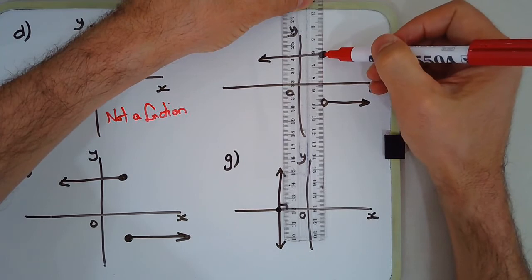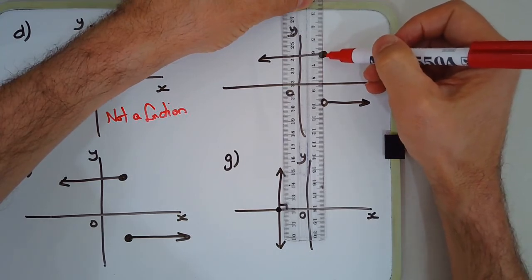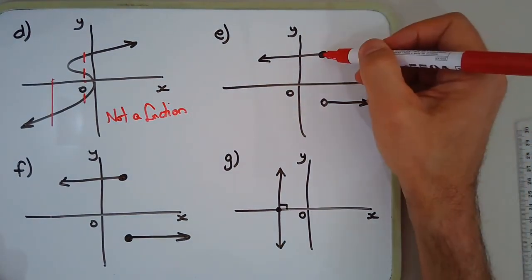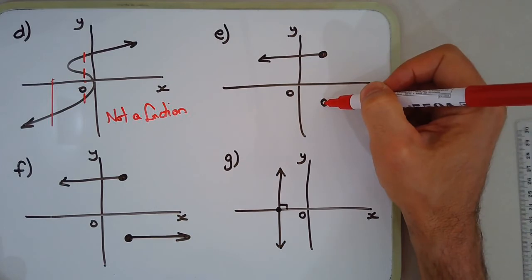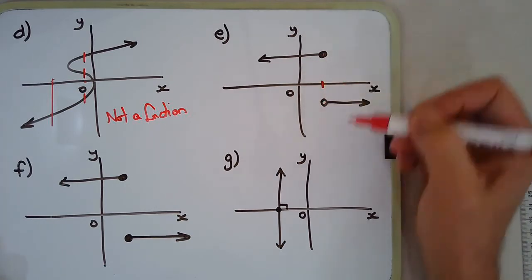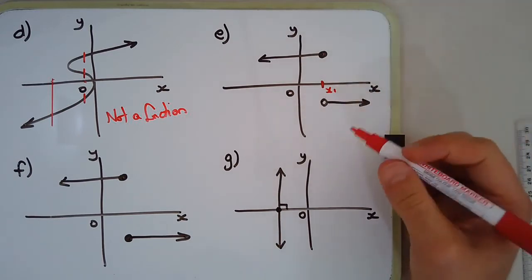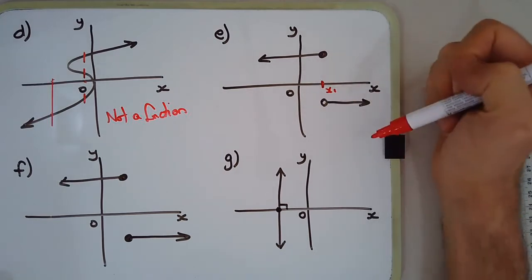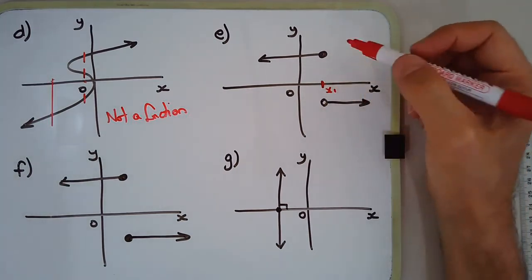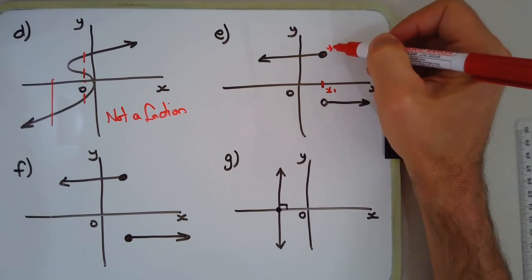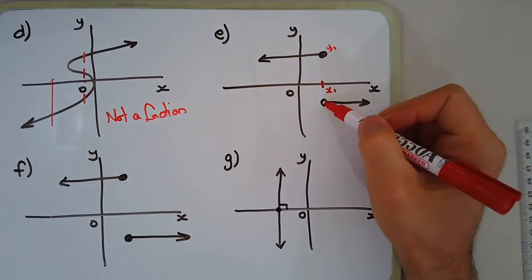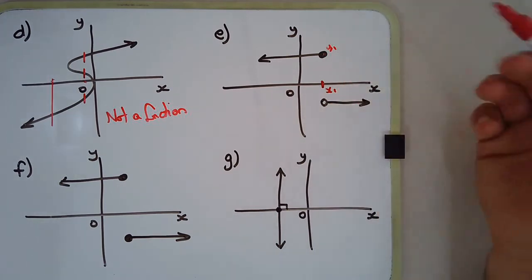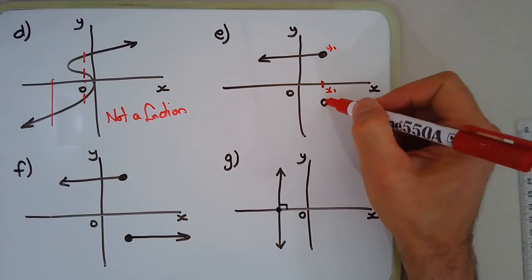Notice that at the end point of one branch, we straight away go down to the open circle here, which means that this value of x, let's call that x1, if we put x1 into the function machine as the input, the output is, let's call it y1. It can't be the open circle, because an open circle means that the relation cannot take on this value.